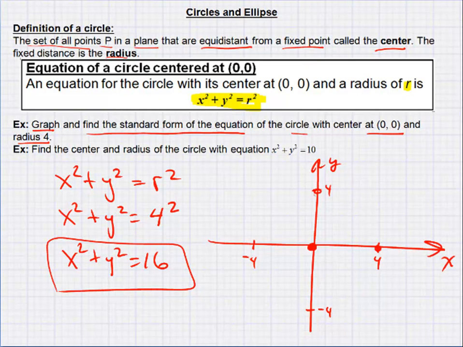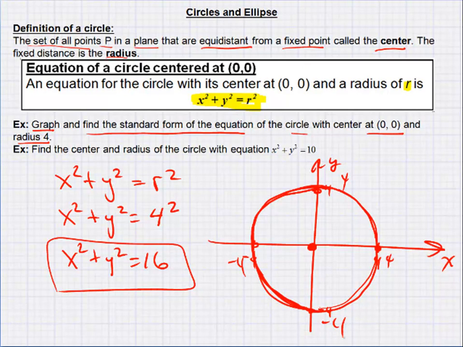This is where the outside of the circle should be. Do your best to connect these dots. That's my circle. It's not the greatest circle in the world, but it's pretty good. That's the graph of what this circle would look like. 4, 4, negative 4, negative 4.